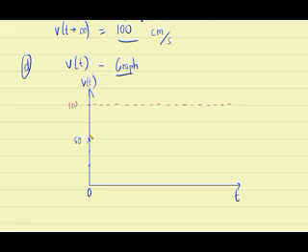Okay, so what happens to velocity? We know as t increases, velocity increases. So velocity does something like that, but it never quite gets to 100. It increases, gets close as t keeps increasing, closer and closer to 100.